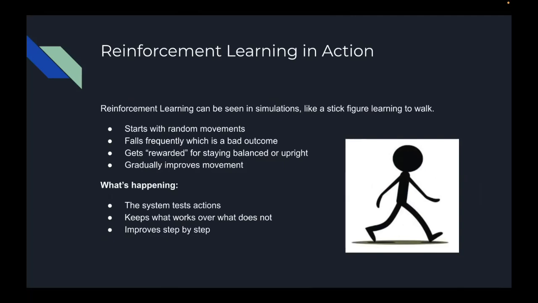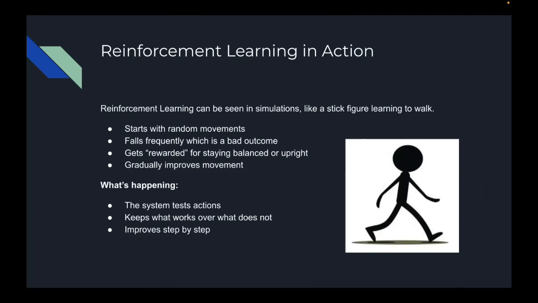Most of these early attempts fail, which means they don't produce rewards. But occasionally, the system does something slightly better, like staying balanced for a little longer or moving forward a tiny amount. When that happens, it receives a reward. Then it starts to favor those better actions and try similar movements again.